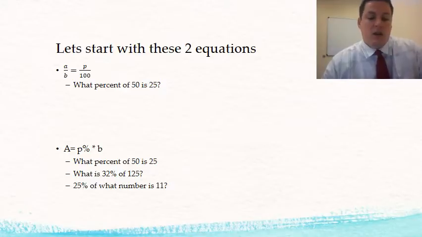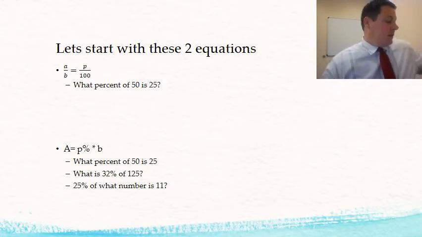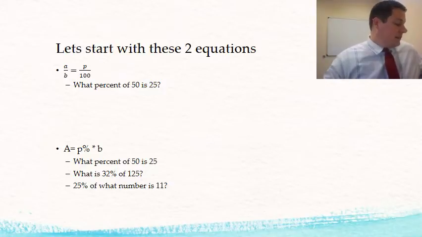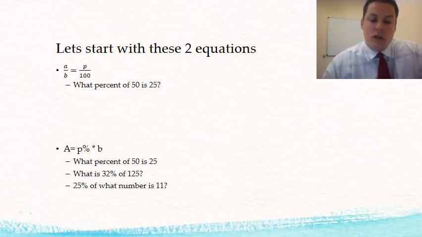Here are some questions to get used to seeing and the equations that we will be using. There is the first equation here, which is known as the percent proportion. And the percent proportion is written as A over B, which equals P over 100.